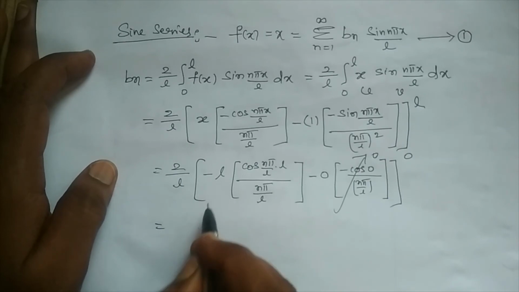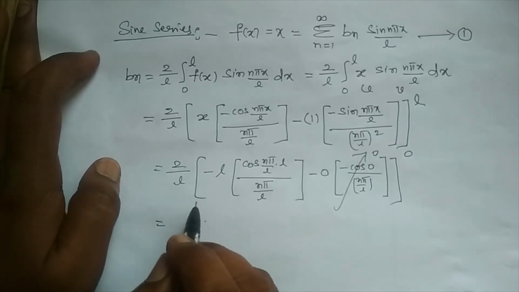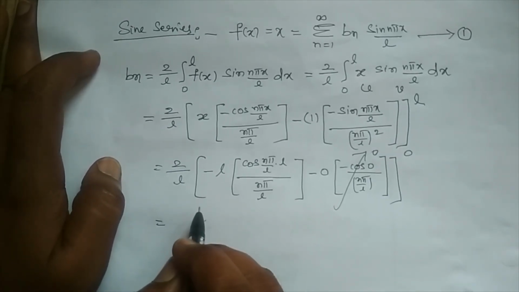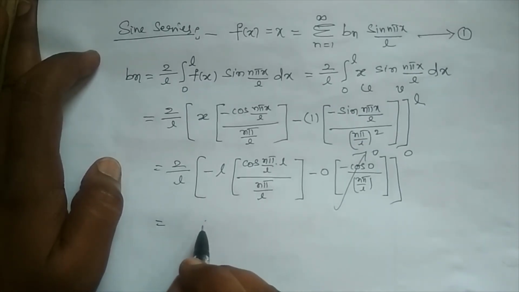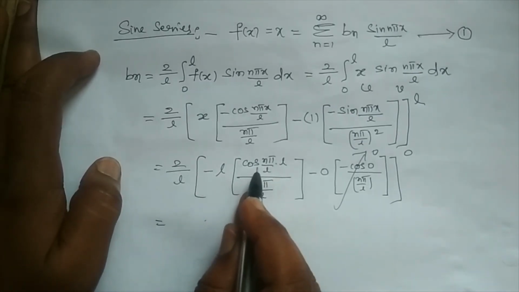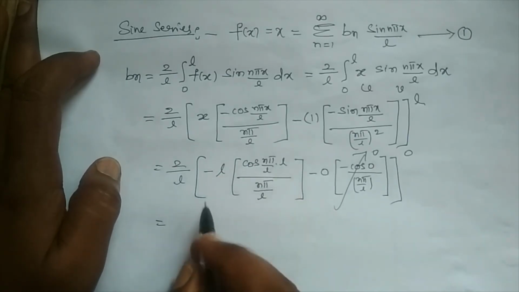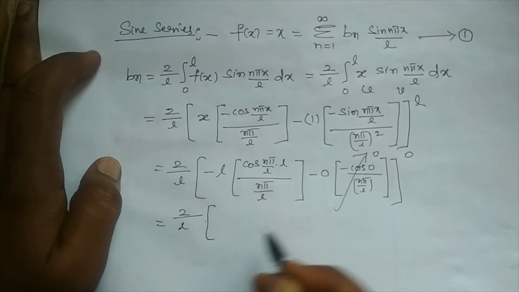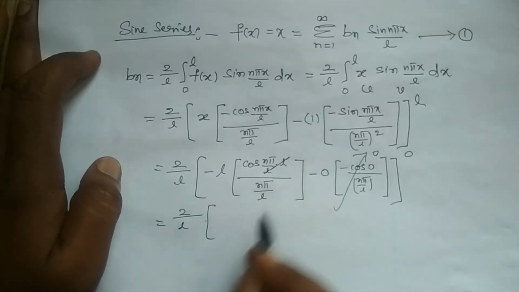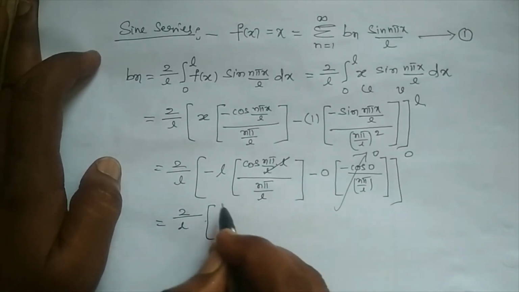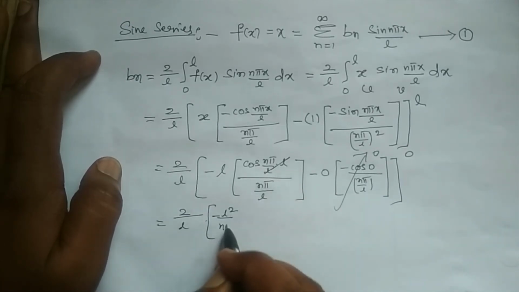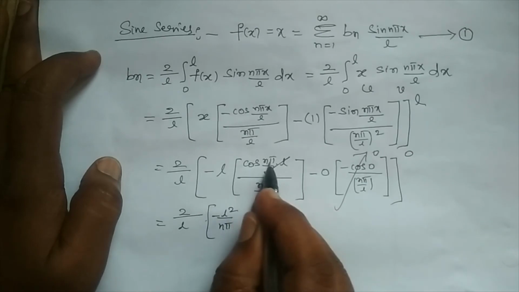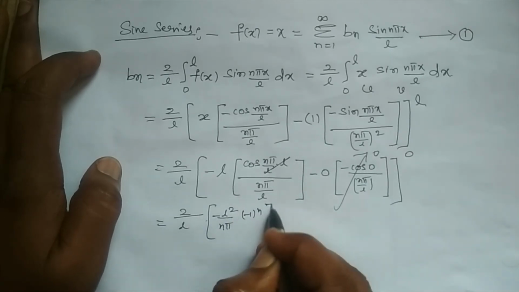So again we'll simplify this one. Simplification is 2 by L into, L and L get cancelled, and the numerator goes to minus L square by n pi into cos n pi, minus 1 whole to the power of n.